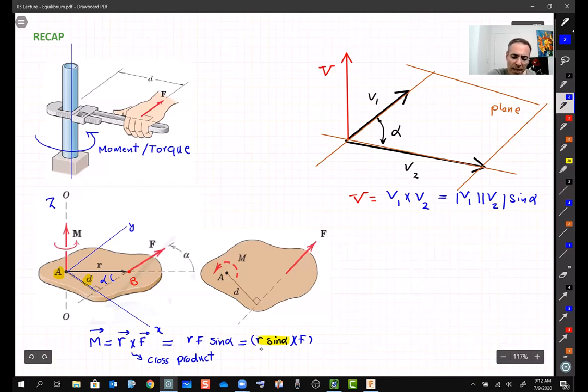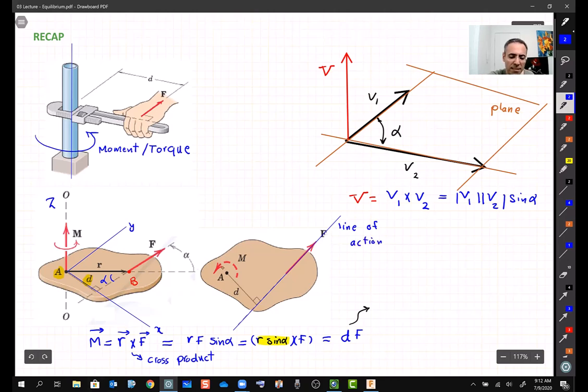So then we decide to simplify things, and we write it simply as D multiplied by F. But we remember that this D is the perpendicular distance. As I said on Tuesday, on the last day, you draw the line of action, all right? The line of action.